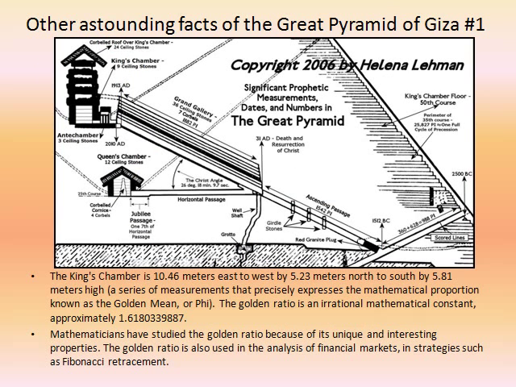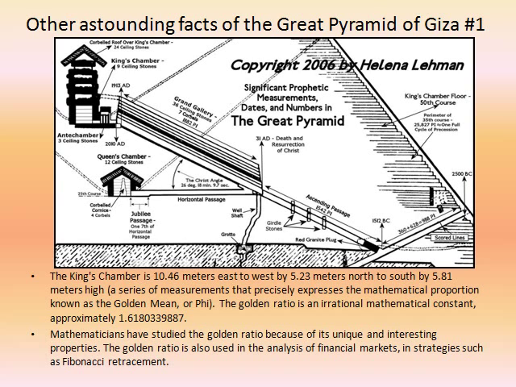Now we're going to be covering some other astounding facts of the Great Pyramid of Giza. The King's Chamber is 10.46 meters east to west by 5.23 meters north to south by 5.81 meters high, a series of measurements that precisely expresses the mathematical proportions known as the golden mean, or phi.